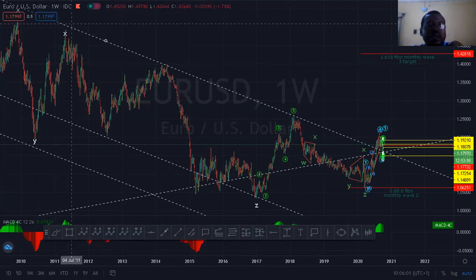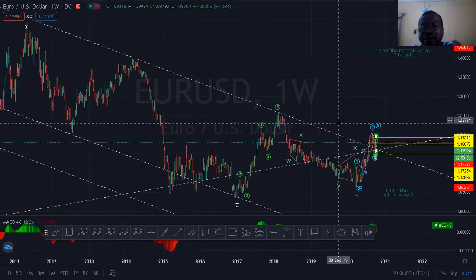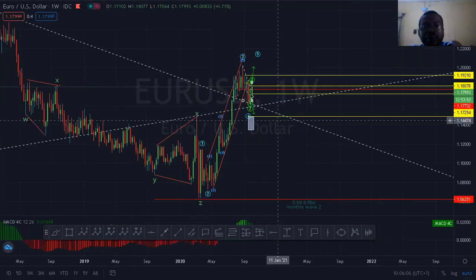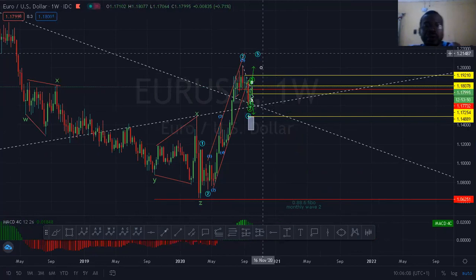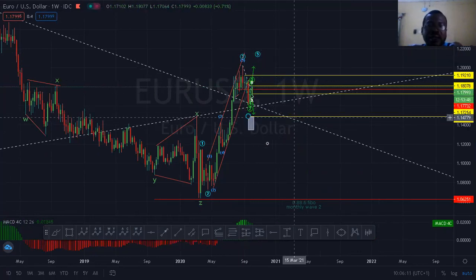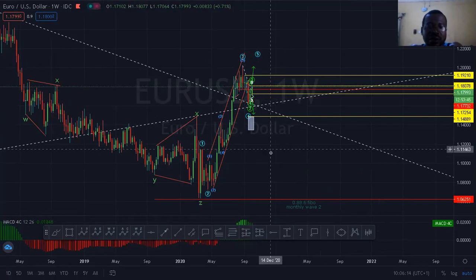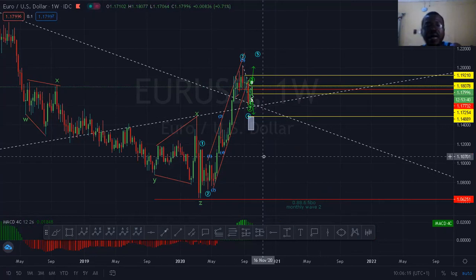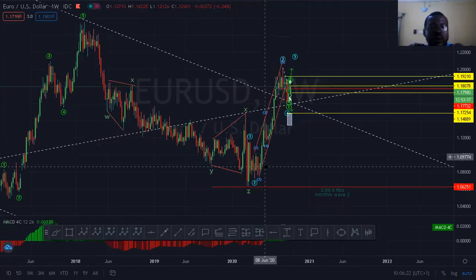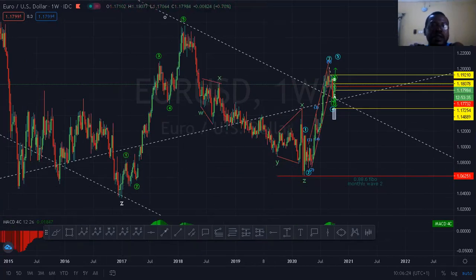This monthly and weekly time have been broken. It has been broken, but the way the price is reacting is not so nice, so to say. But what do we need to mind? That this very move is an impulse. 1, 2, 3, 4, 5, and this WXYXZ is a correction, and it ended here.